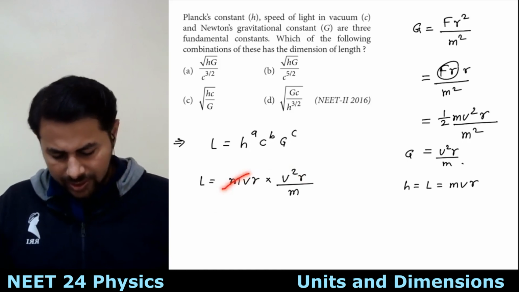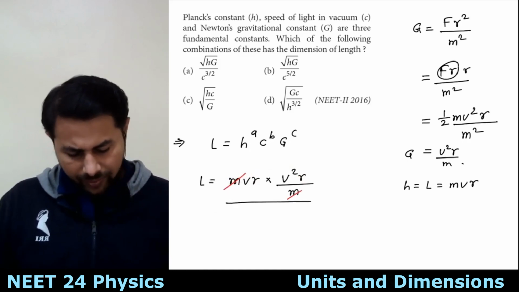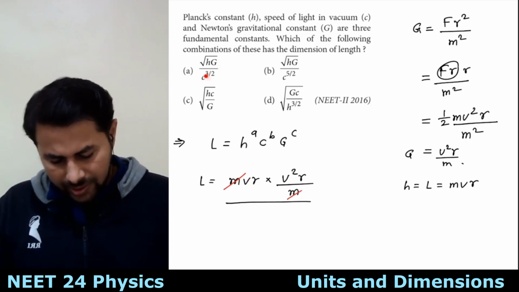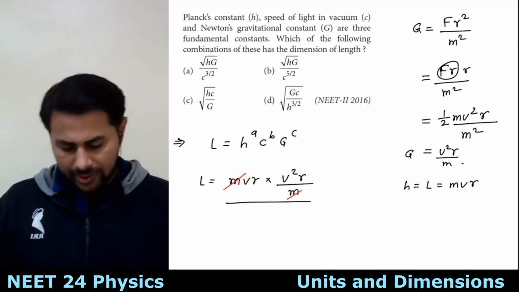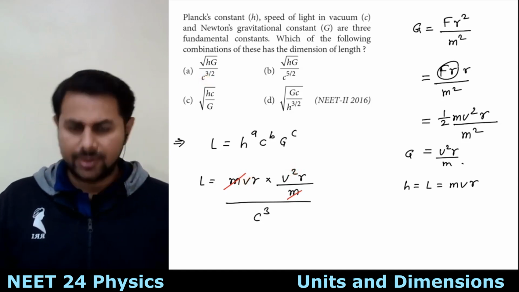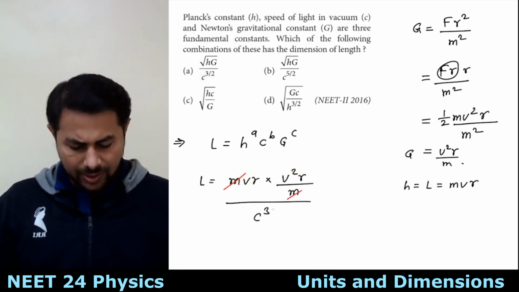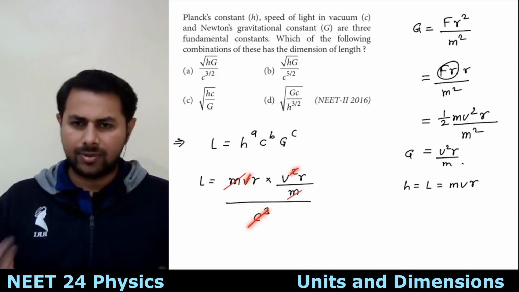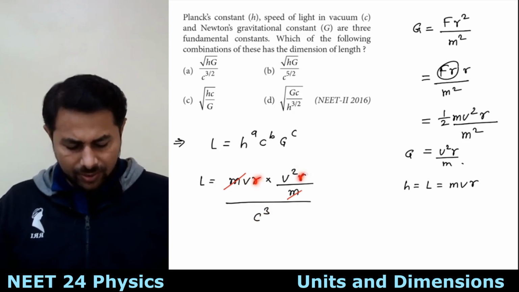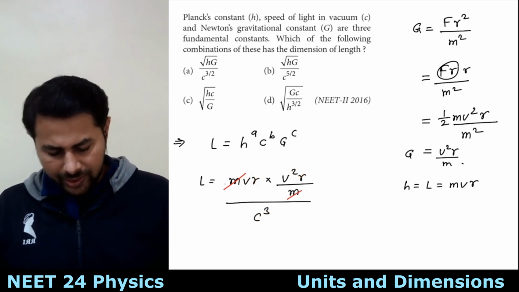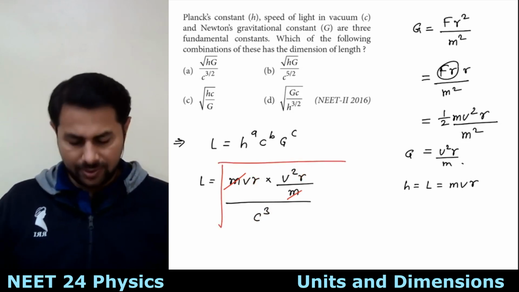So here this m gets cancelled out, and you have c. Here I have v cube, which I don't want, that's why I will divide by c cube. So this v cube and c cube, dimensionally it will get cancelled out, and then I have r to the power 2, whose square root I will take.